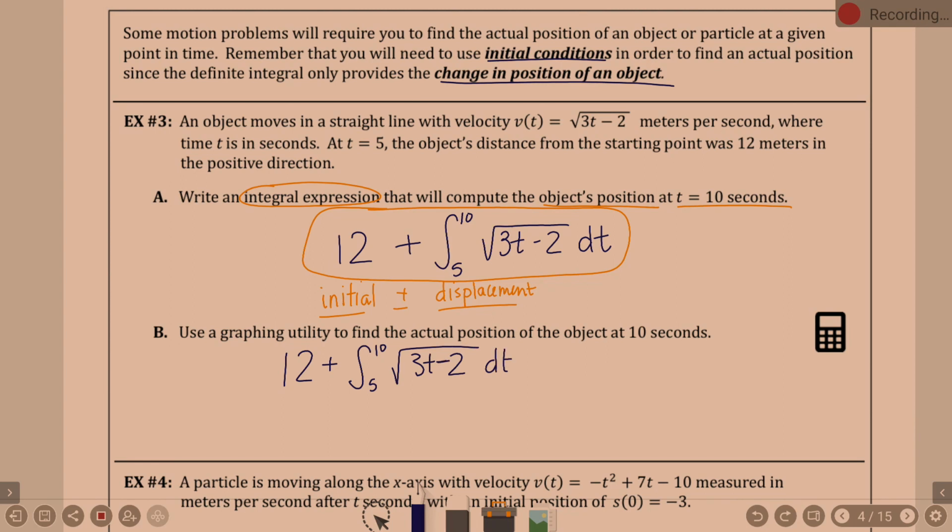You're taking your graphing utility, aka your graphing calculator, and plugging it in. I'm not graphing anything. Graphing utility just means use your graphing calculator. At least that's the way I take that.